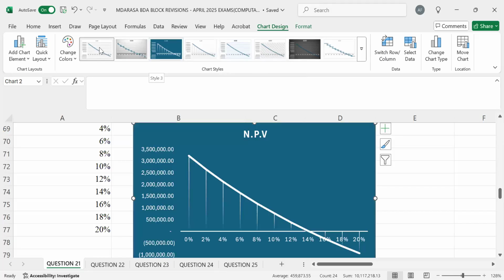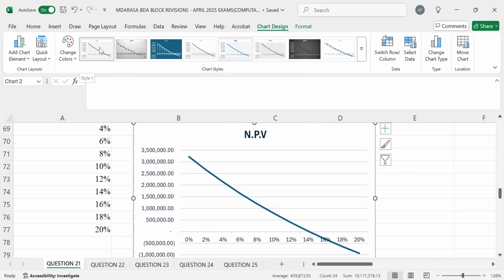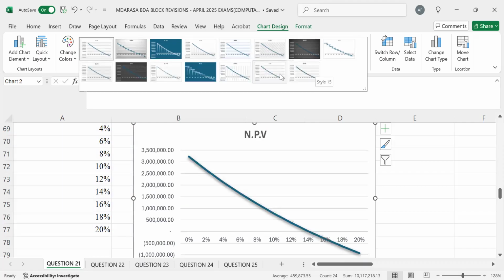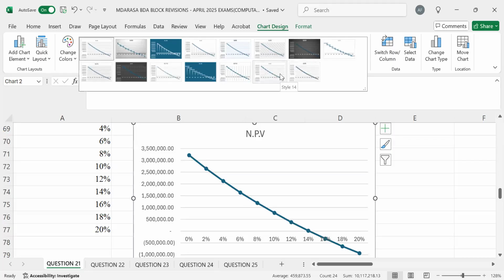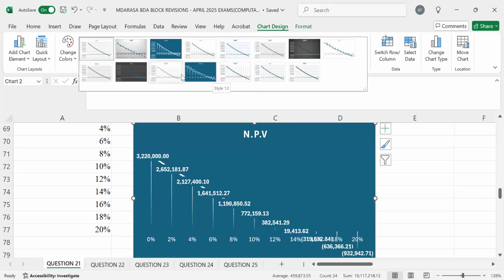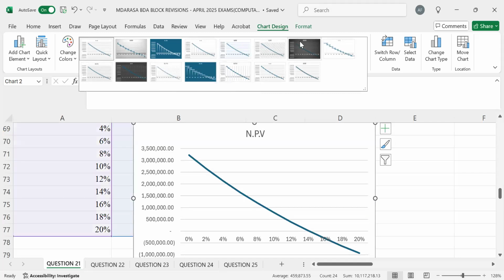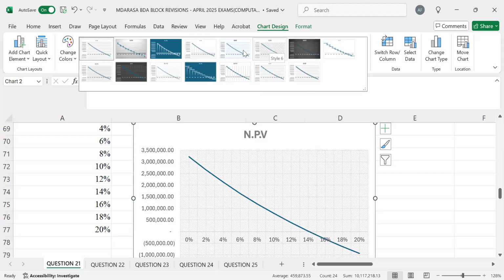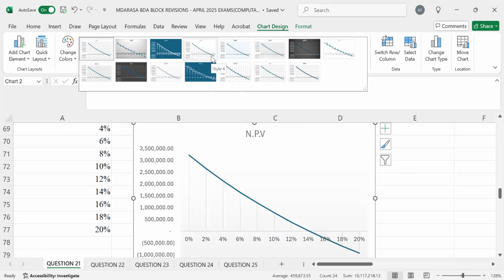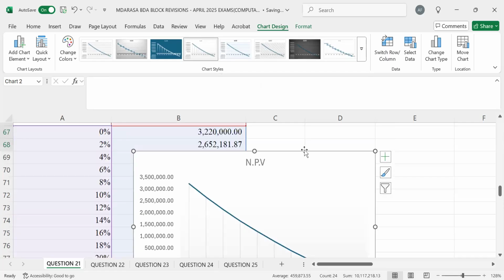This one is purely upon you, to look at one that will be pleasing in your eyes. You can select as many choices as you want here. For me, I can select this. You can select any graph of your choice.